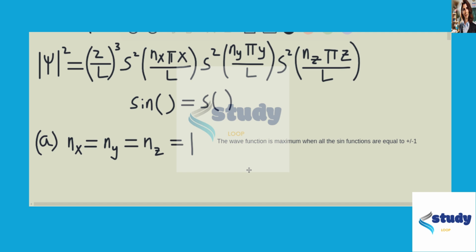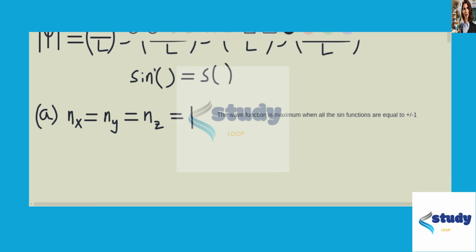Okay, so let's just consider one of the dimensions. So for A, we have n sub x, n sub y, and n sub z all equal to 1. So for just one of the values, if we have the sine of, say, x, so this would be sine of n x pi x over L is equal to plus or minus 1.